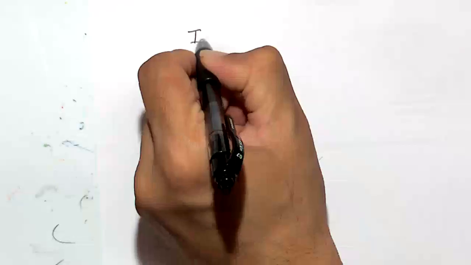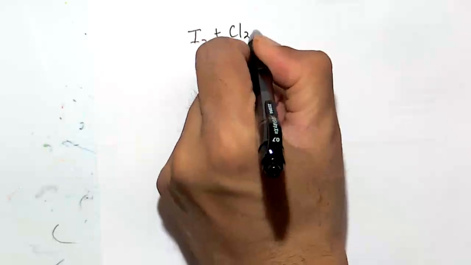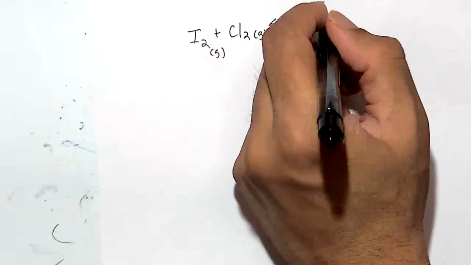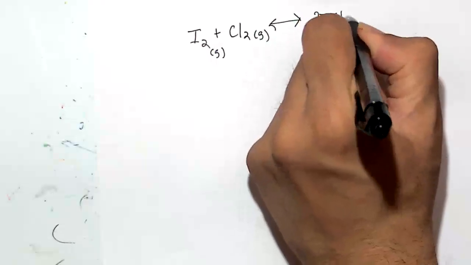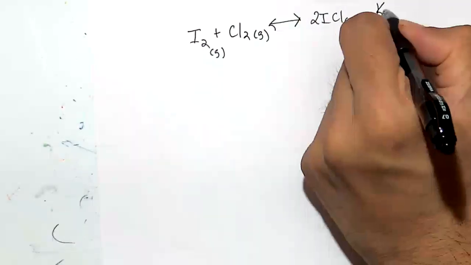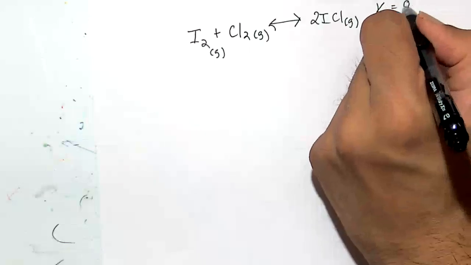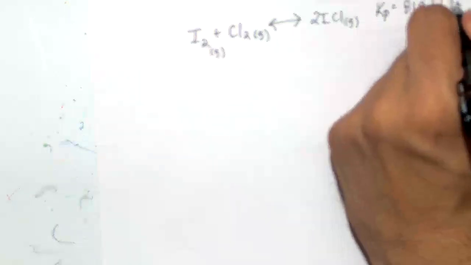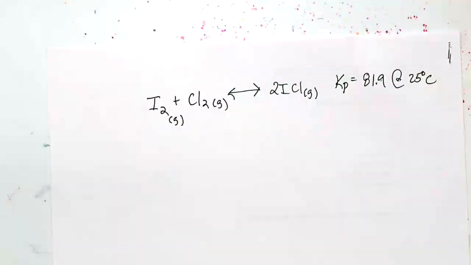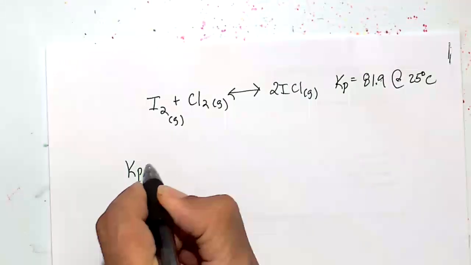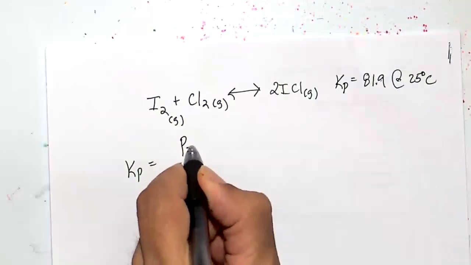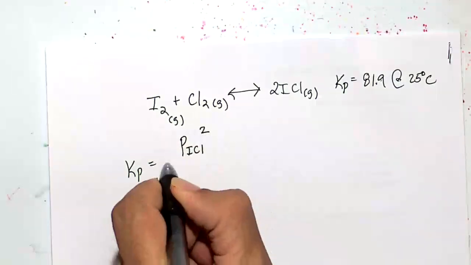Okay, so let me do that here. I'll rewrite the equation. So the Kp here is going to equal the pressure of ICl squared.